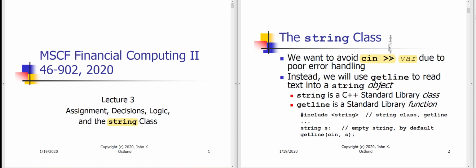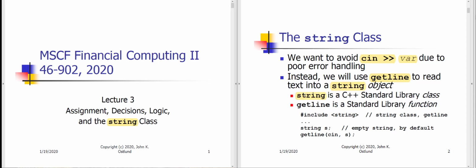So instead of using cin with the get from or extract operator, we're going to use the getline function to read text from the standard input stream object into a string object.